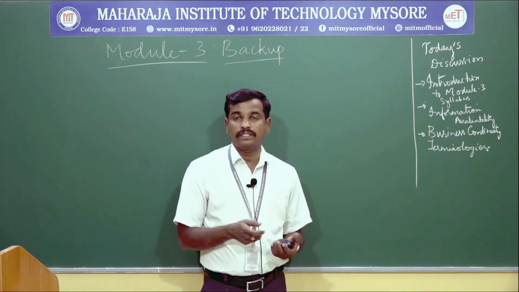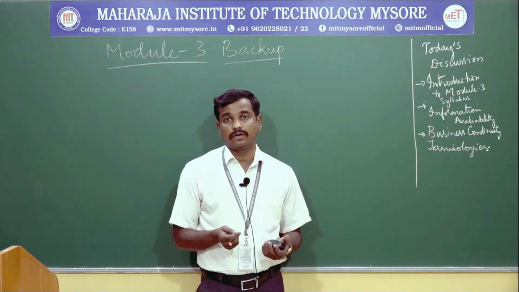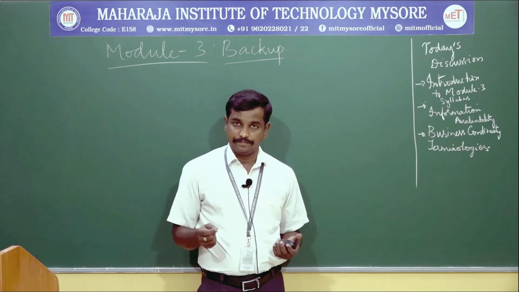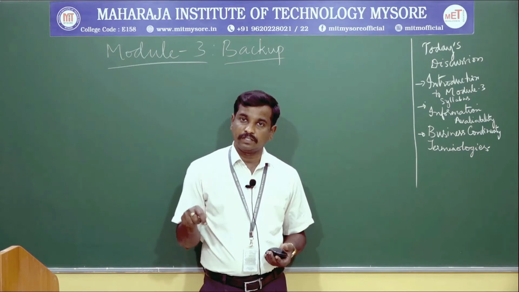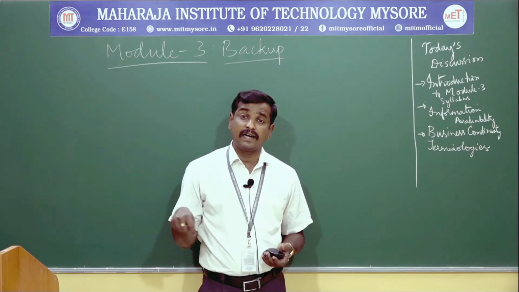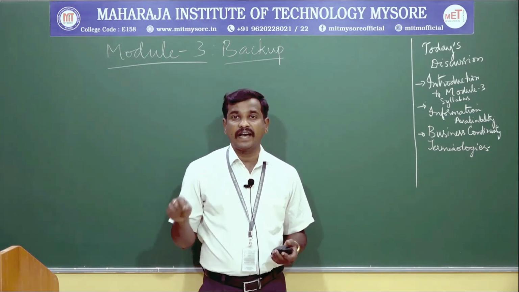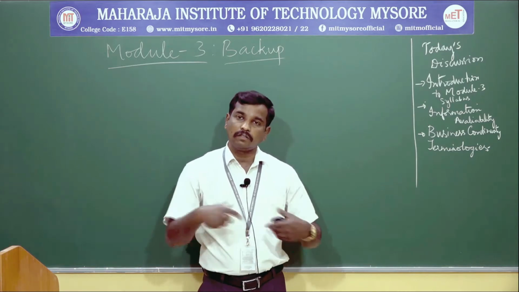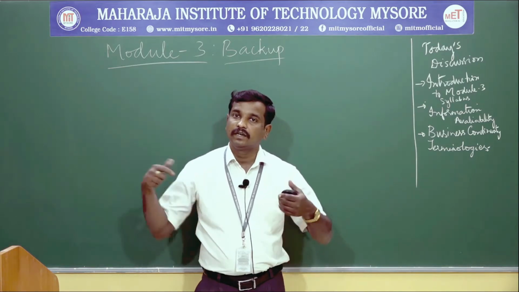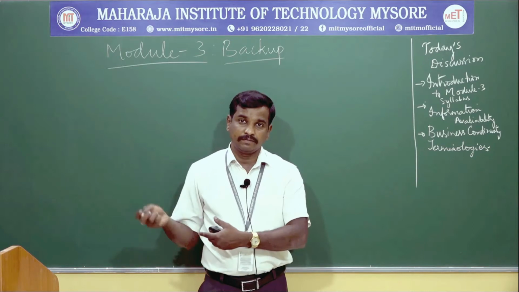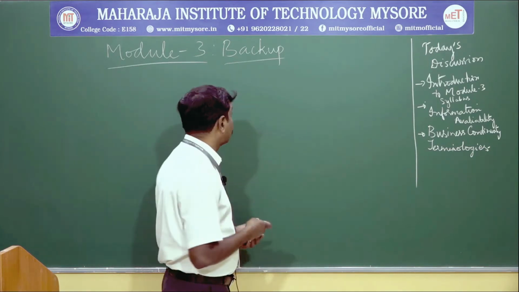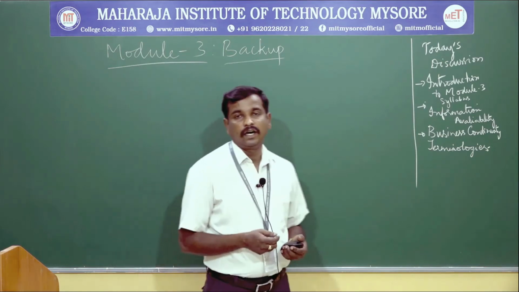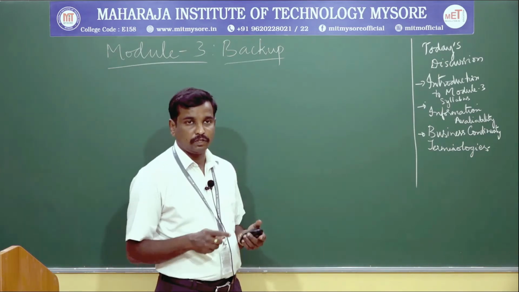That data has to be recovered by using a concept called redundant array. We have discussed something called RAID, redundant array of independent disks. All the independent disks are kept as backups. How do we do that? That process we will learn today in this module.